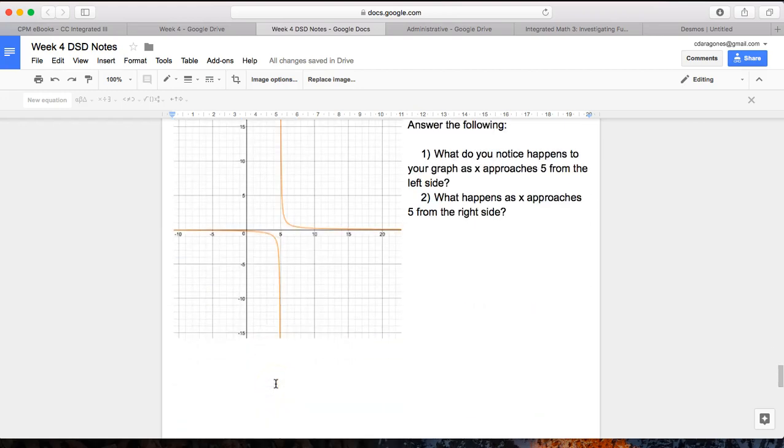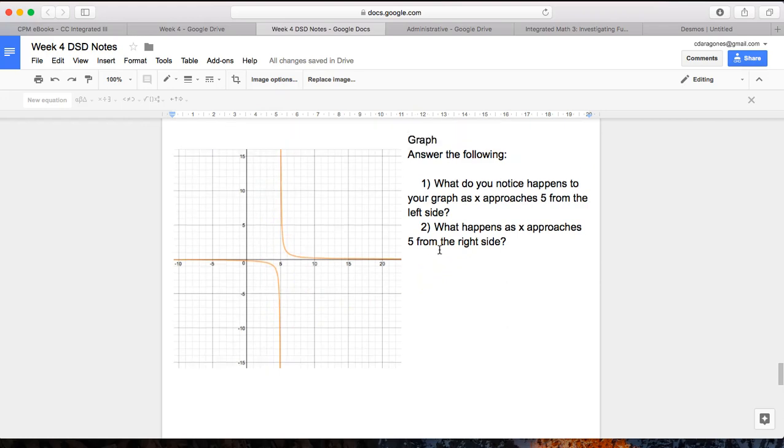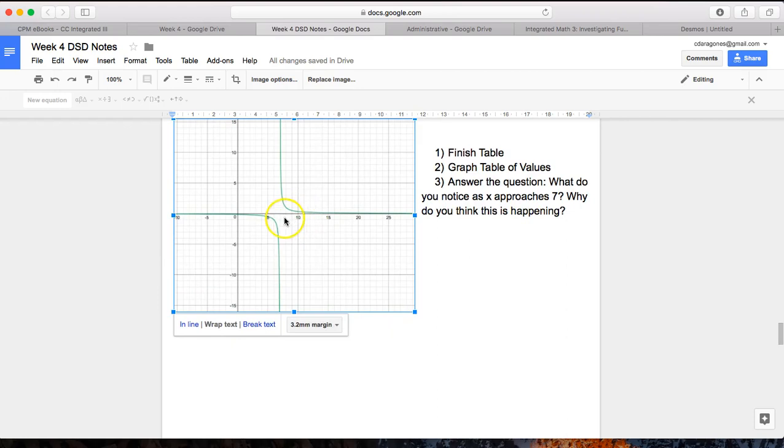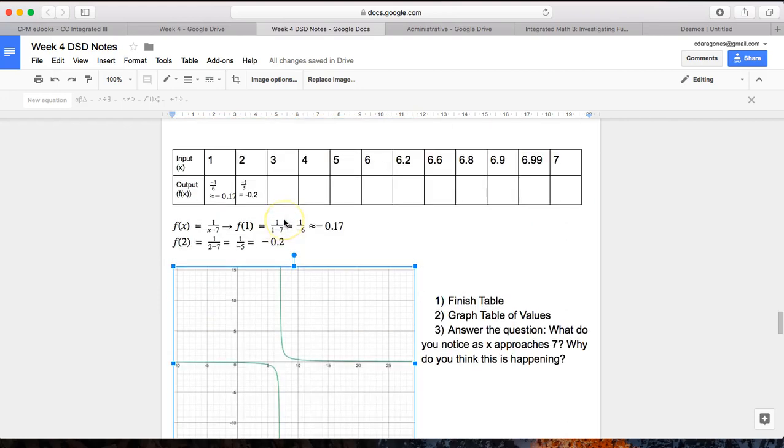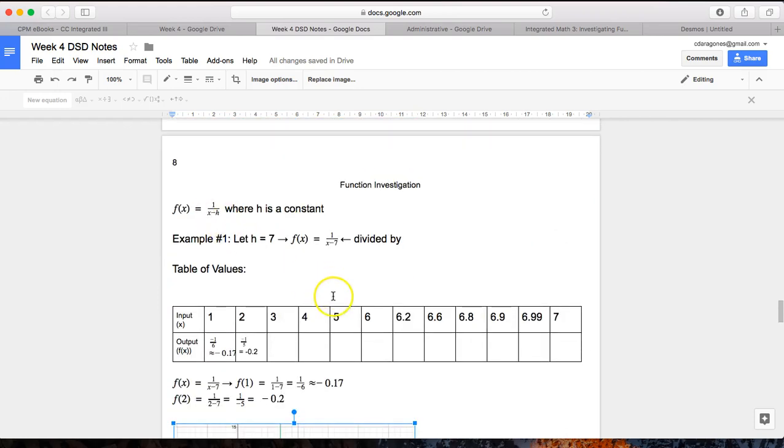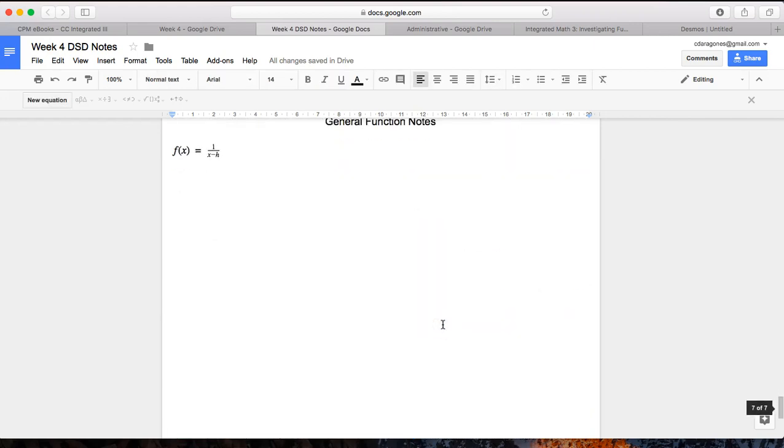And in this one, we have a graph coming from the left side and coming from the right side as we approach x equals 5. So there's something weird that happens at x equals 5 right here, and there's something weird that happens at x equals 7 right here. We're going to go ahead and write some notes about that.